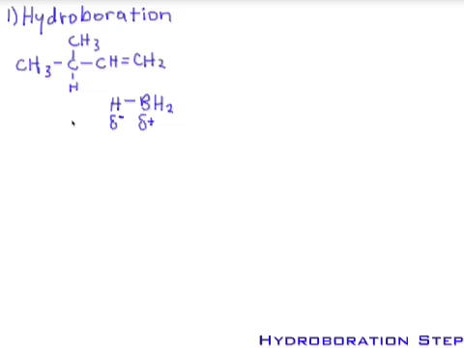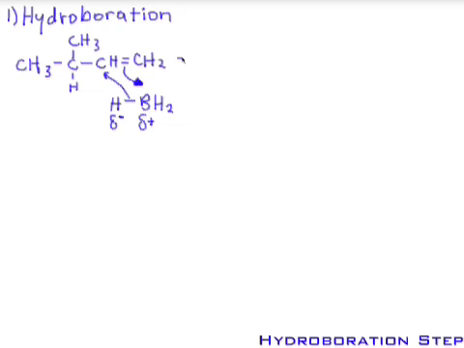Boron's an electrophile. Electrophiles add Markovnikov. The B part of the boron will add to the carbon with the most hydrogens. Now when the two electrons from the pi bond go towards the boron, this is going to create a positive charge on the carbon. And so the hydride takes its two electrons and puts them on carbon.